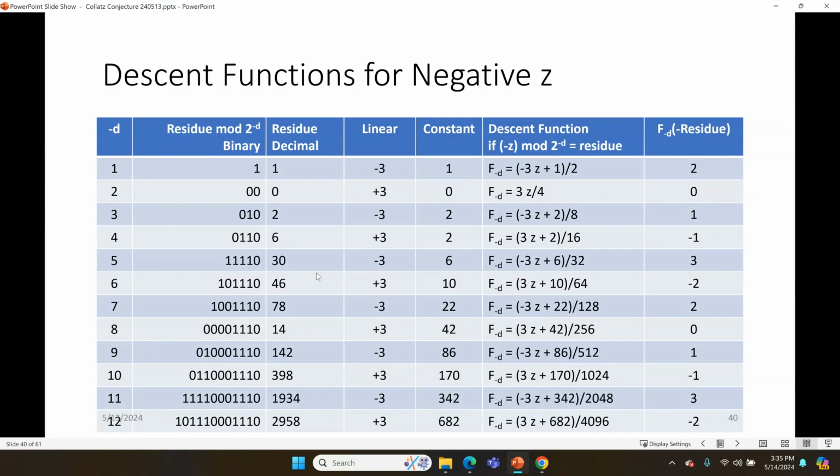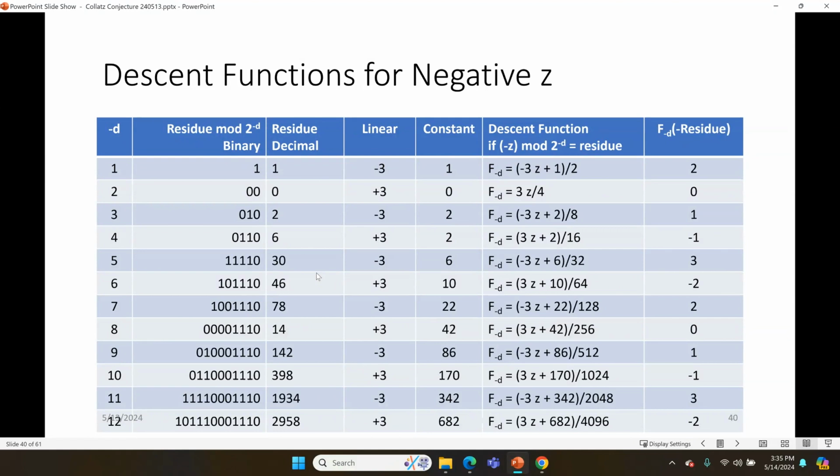If the residue is 0 mod 4, in other words, it's a multiple of negative 4, then the descent function is 3Z over 4. If the residue is 2 mod 8, then the descent function is negative 3Z plus 2 over 8, and so forth. So here we see these descent functions for the negative Z values are similar to the descent functions for positive Z.